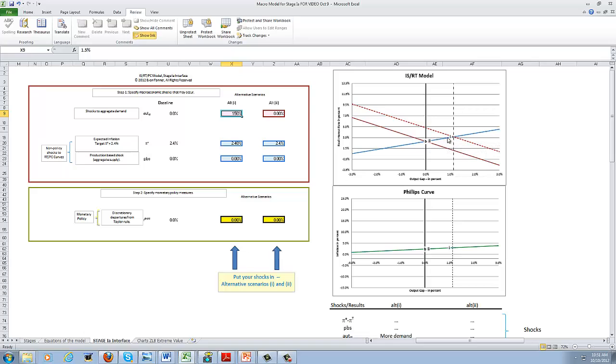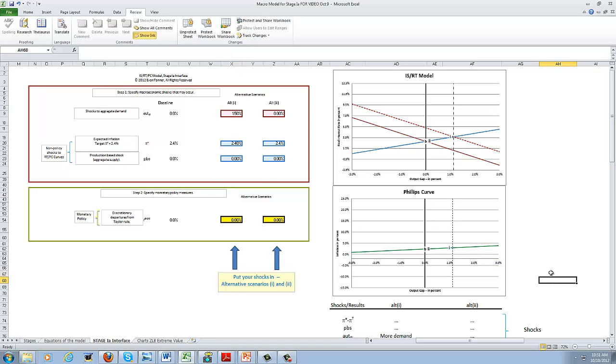Why? Because as we go along the RT curve, the central bank, which is sticking to its Taylor rule, is obliged to raise interest rates in order to choke off demand and to restrain inflation. Notice that the central bank hasn't completely restrained inflation here; inflation is now higher than it was under the baseline because of the higher output gap. Okay.